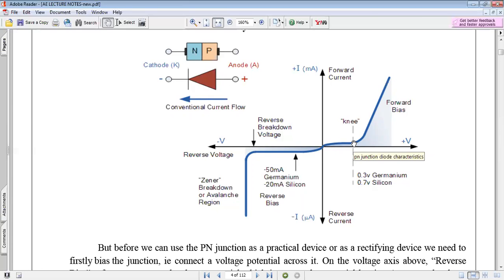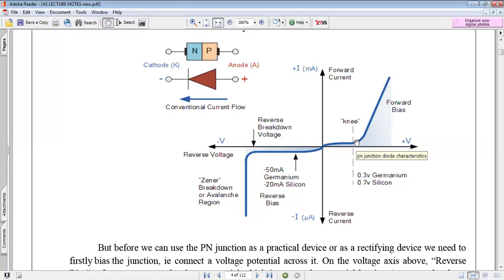Until these voltages are applied, a very small negligible amount of current flows, and in this region the device remains almost off. And at this particular voltage, when 0.3 or 0.7 volt supply is applied to a PN junction, the device conducts heavily or almost linearly, following Ohm's law.